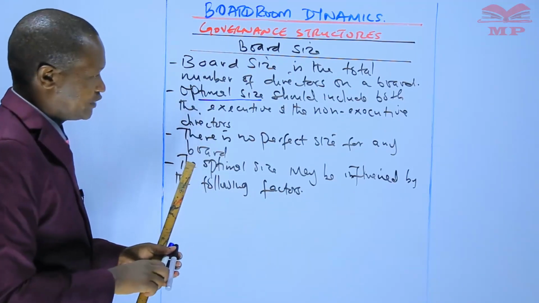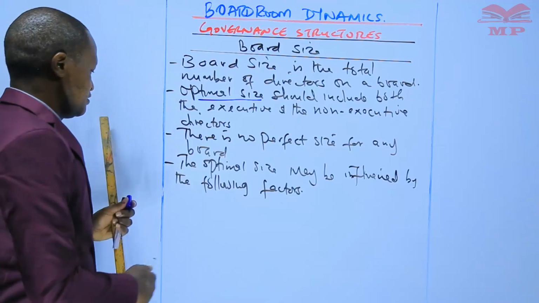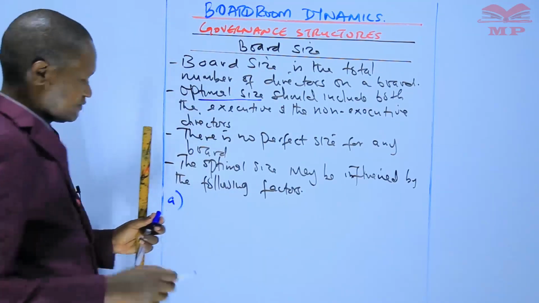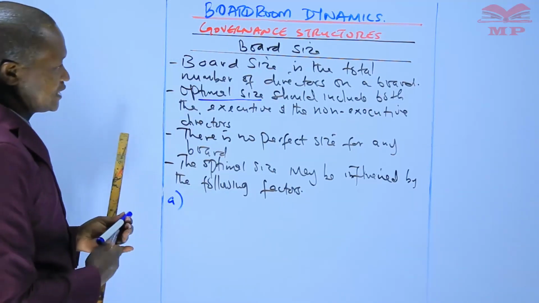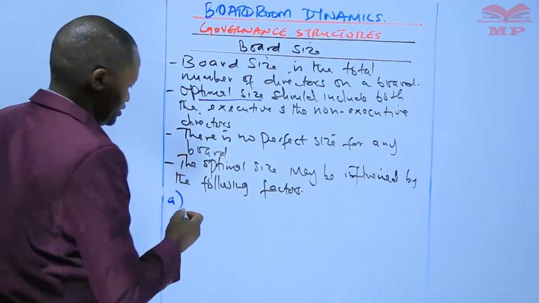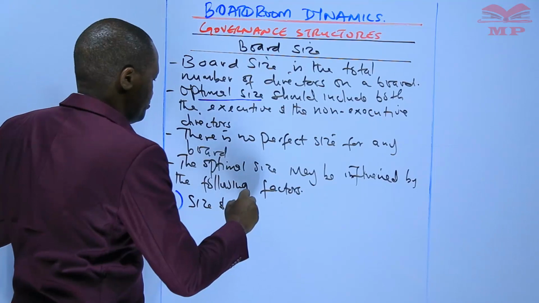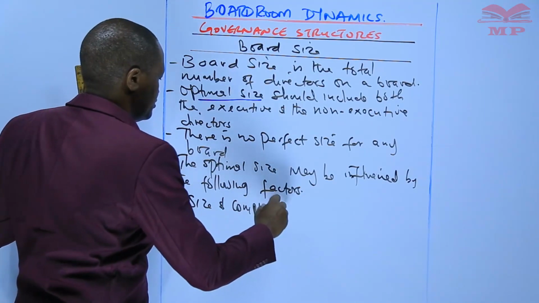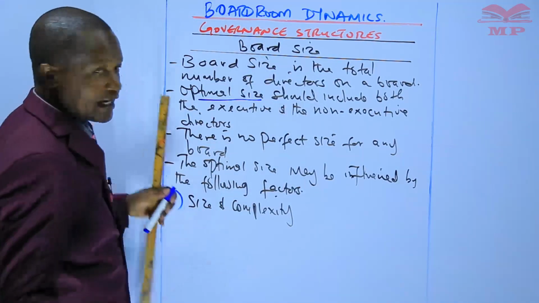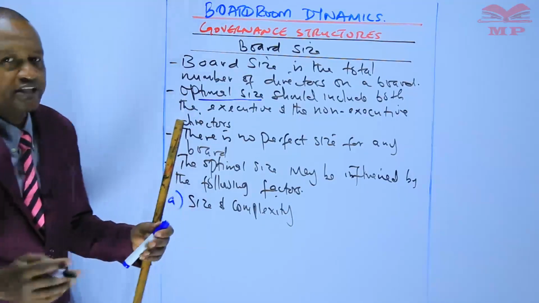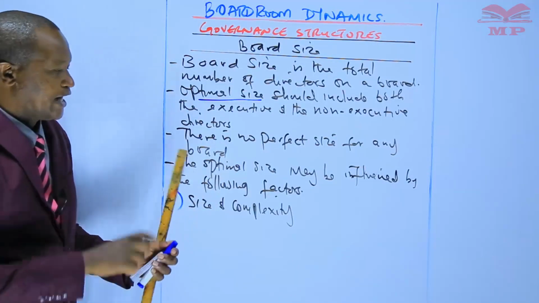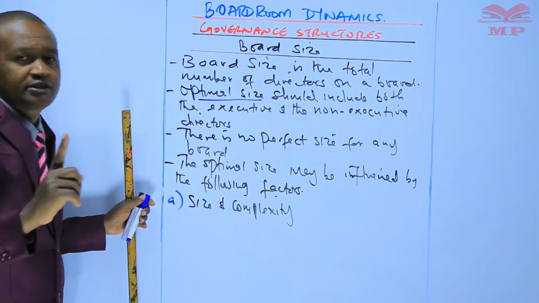The first obvious factor is the size and complexity of the organization and its business.